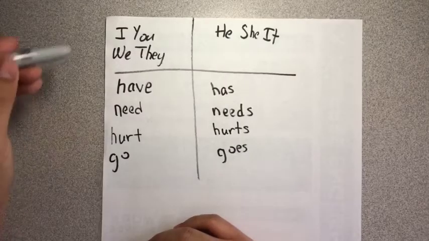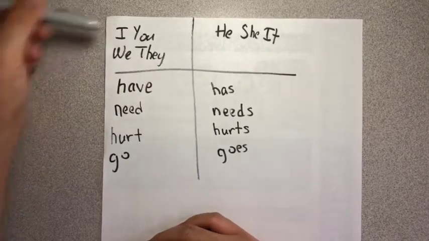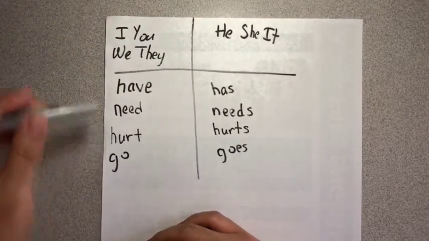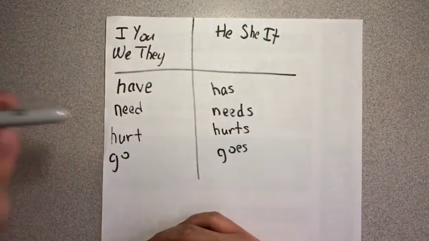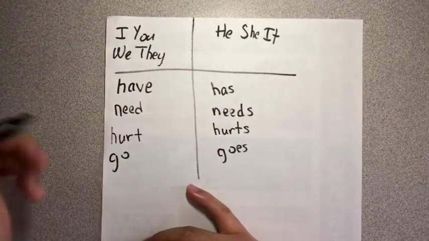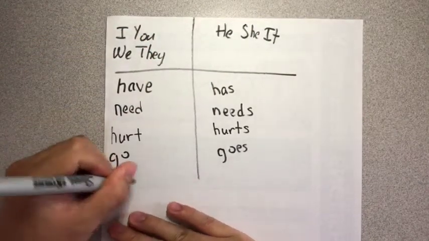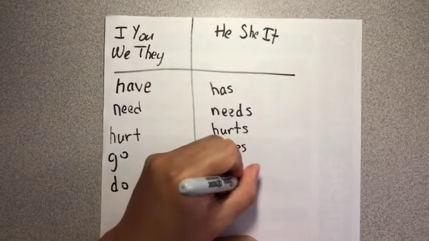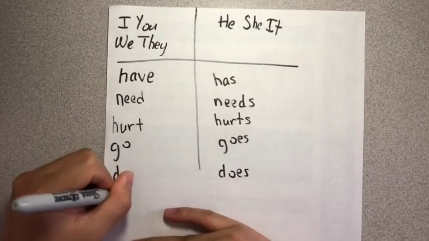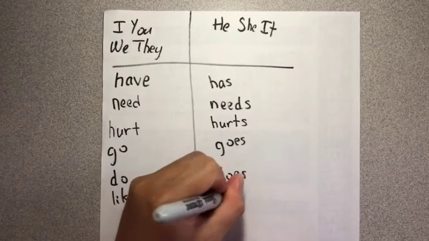Now, do you remember when I told you I, you, we, they, and he, she, it? We're going to use have and has, need, needs, and do, does, and like, likes.